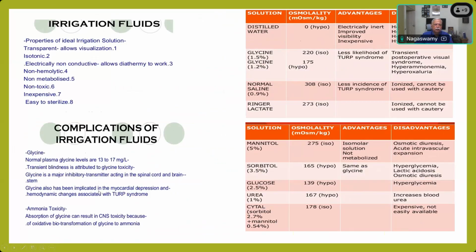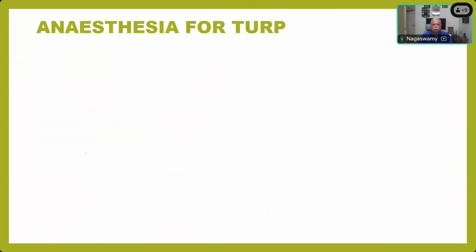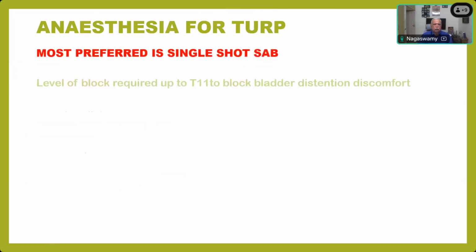Glycine also has been implicated in myocardial depression and hemodynamic changes associated with TURP, and it may lead to ammonia toxicity also. Absorption can result in CNS toxicity because of the oxidative biotransformation of glycine to ammonia.